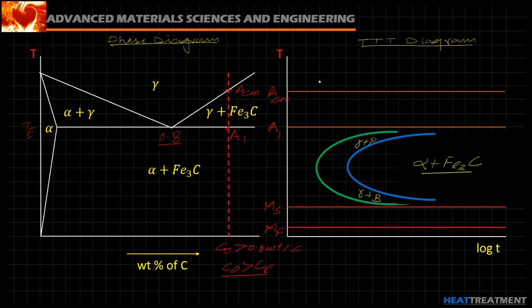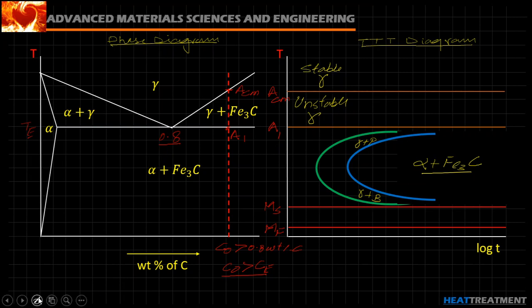So again we will have the stable phase which is above this ACM temperature for gamma, and below this we have unstable gamma phase.